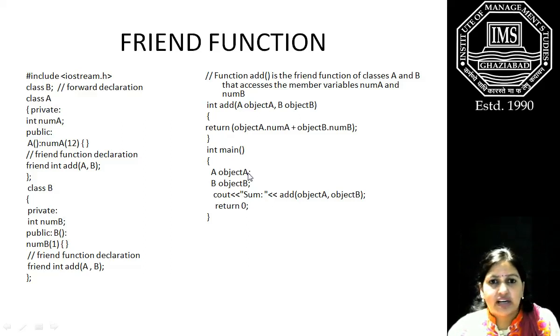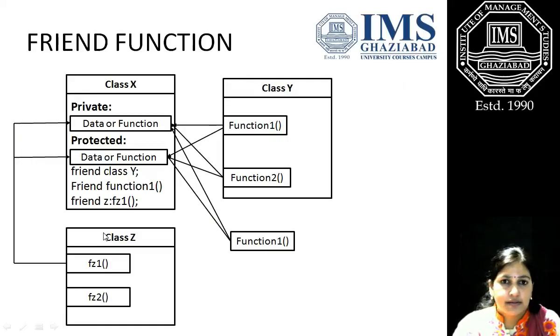In the main function, we are declaring objects of class A and B, and through these objects we are calling function add, and it will return the sum of both the private data of these classes.